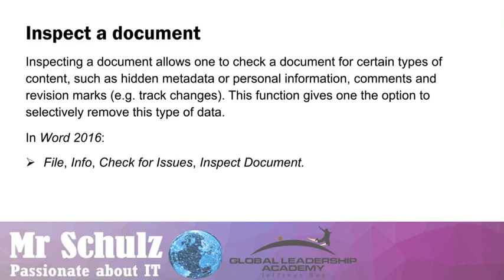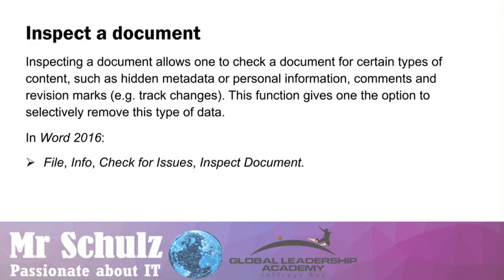So if you don't want someone to know that you created the document, you can remove that data from the document. So important for professional documents, before you print or send, well, especially send and share the document with someone else, that you inspect the document.